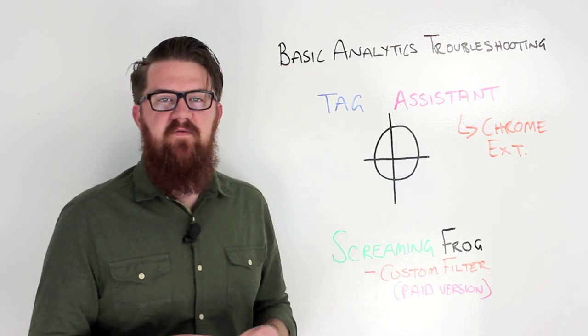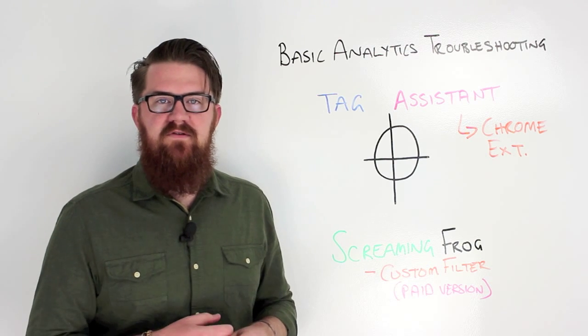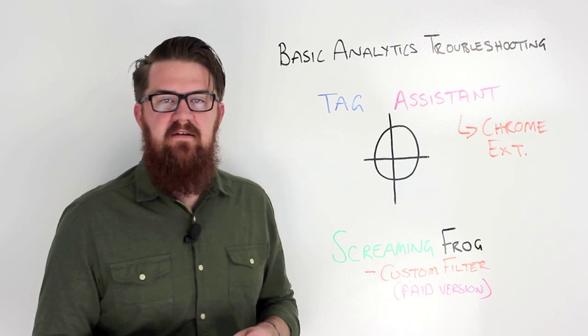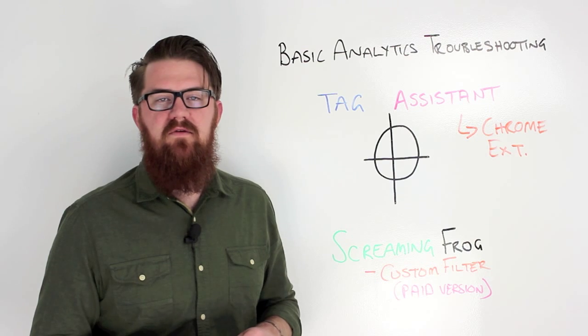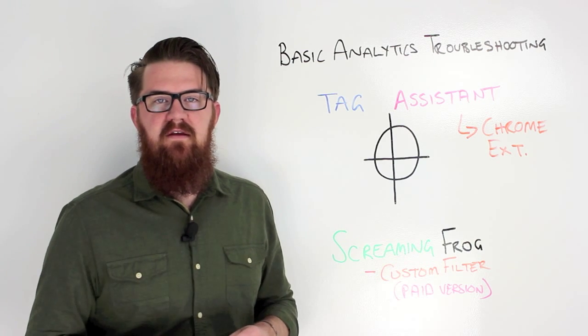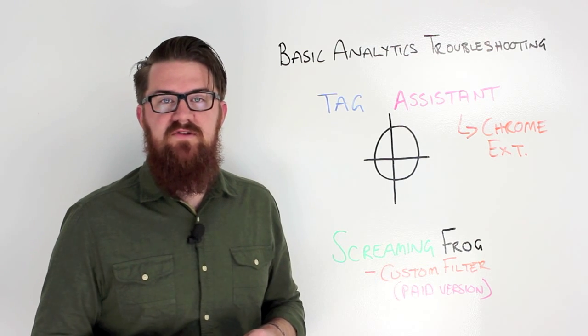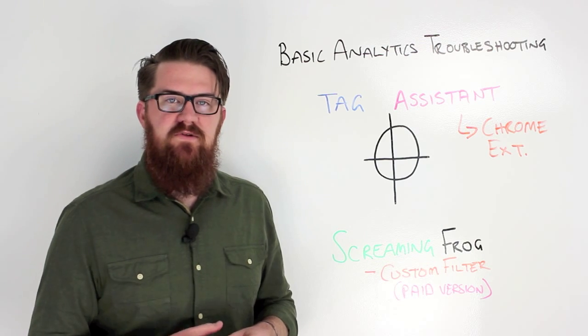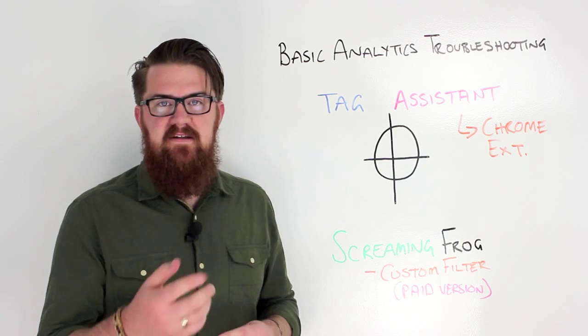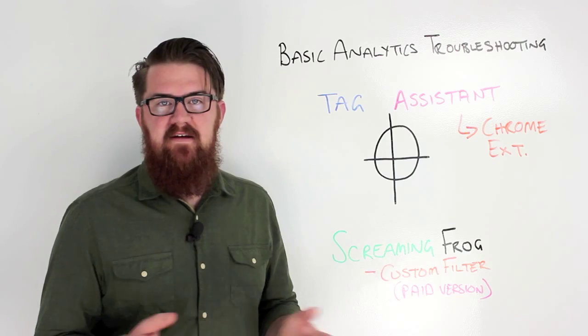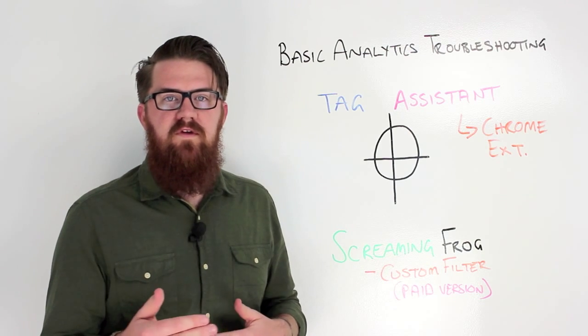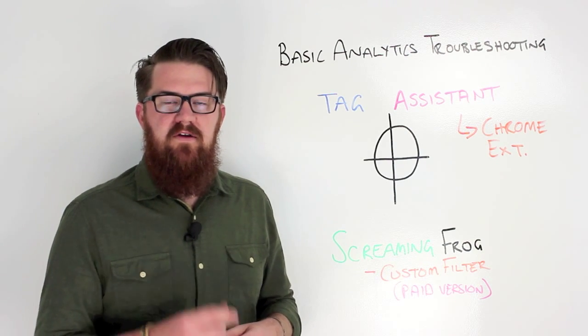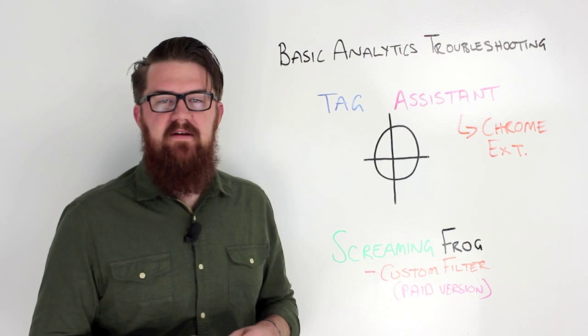Using a custom filter, you can set that filter up to does not contain, and then add in your UA tracking code and set Screaming Frog to crawl your site. Once it's finished, you'll have the ability to export an Excel sheet of all the URLs that do not have your UA tracking code in place.